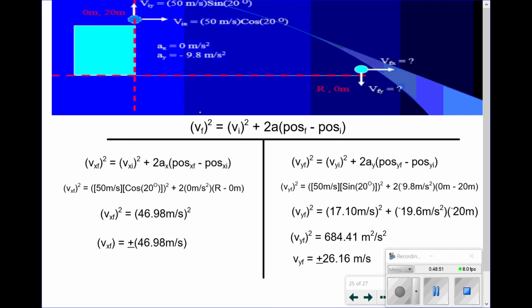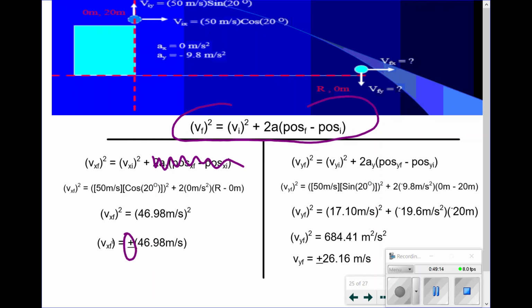And when I go ahead and use the time-independent formula for the x-axis, the acceleration is 0. And I come up with Vx final squared is equal to 46.98 squared. So when I take the square root of 46.98 squared, I do not get 46.98.